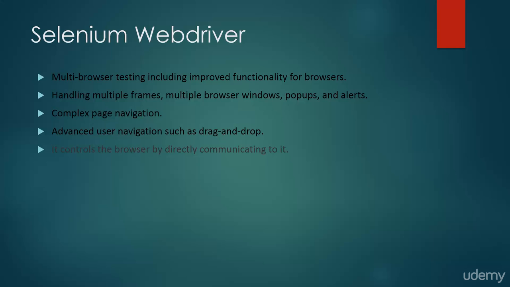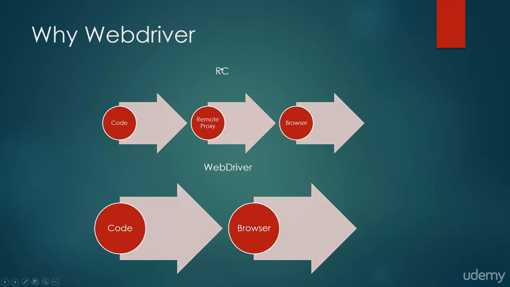You can also handle complex page navigation and also advanced user navigation, such as drag and drop, mouse clicks, mouse wheel up and down. It controls the browser directly by communicating directly with the browser. In Selenium RC, the actual code talks to a remote proxy, which then talks to the browser. In Selenium WebDriver, the code talks directly to the browser.